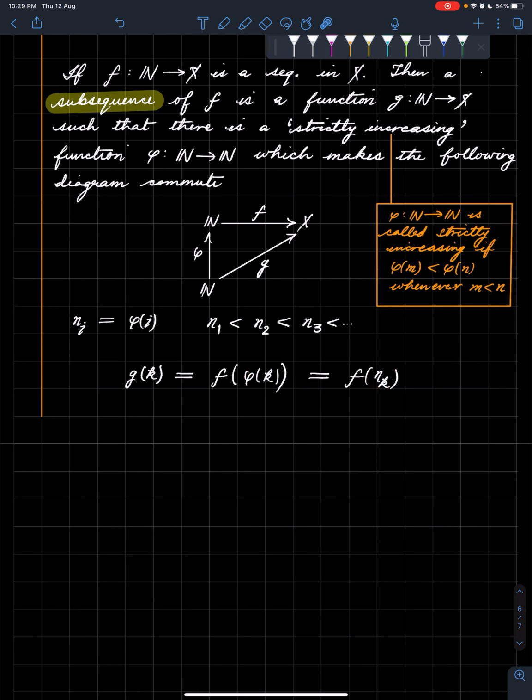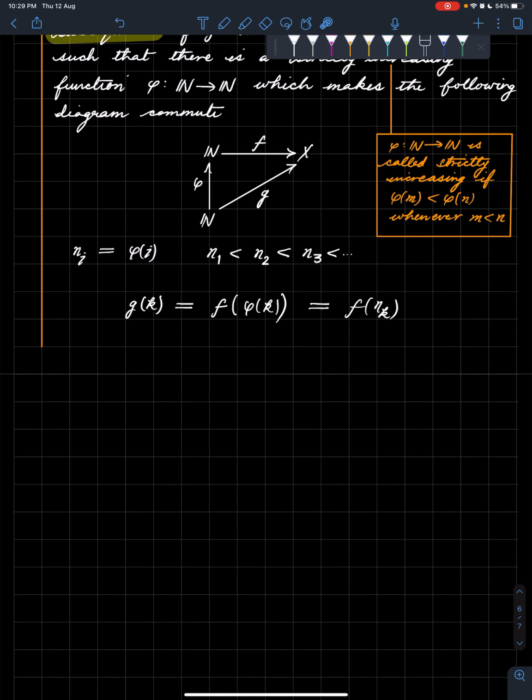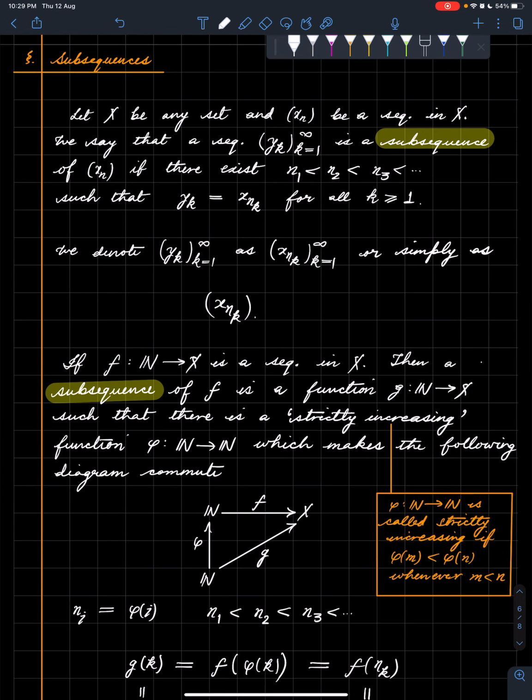It's just a change of notation, really. So you see where this is going. Basically, instead of g of k, if I write y sub k, and instead of f of n, I write x_n, then I see that these two things are equal, and this is exactly what we did in this whole business.